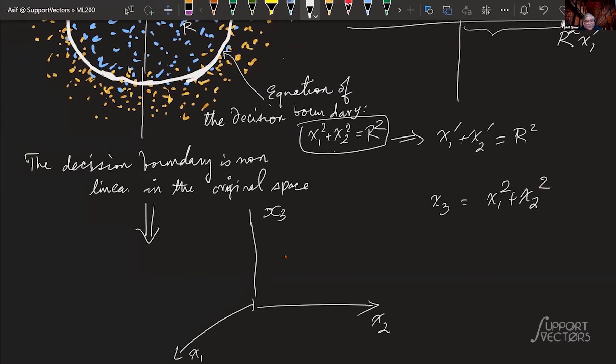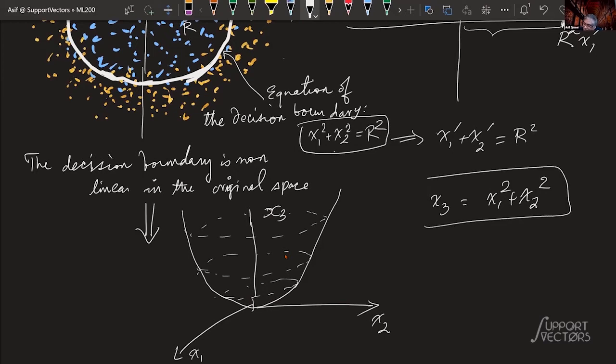Let us see what it will look like. It will look like a surface that goes through this. Convince yourself that this is how the surface looks. Parabolic. Parabolic surface, isn't it? This equation.